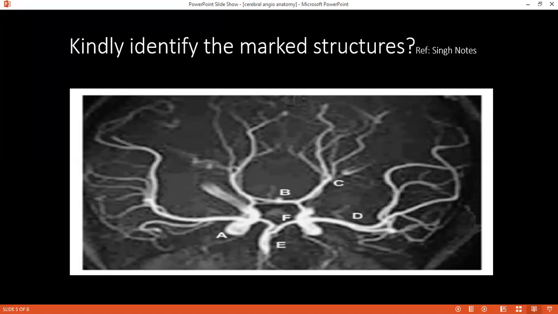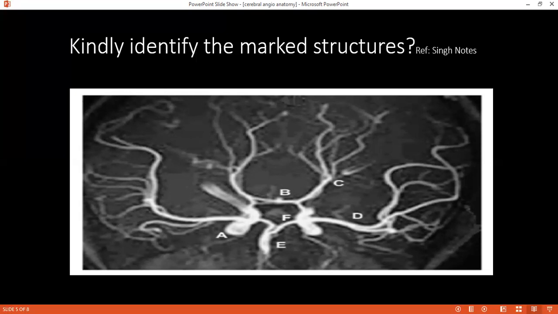If you can look at this image and identify all the structures, starting from A. What kind of image is this? This is a carotid angiogram. In which situations is it asked for? In case of stroke, when we are suspecting carotid stenosis, or when suspecting an aneurysm.